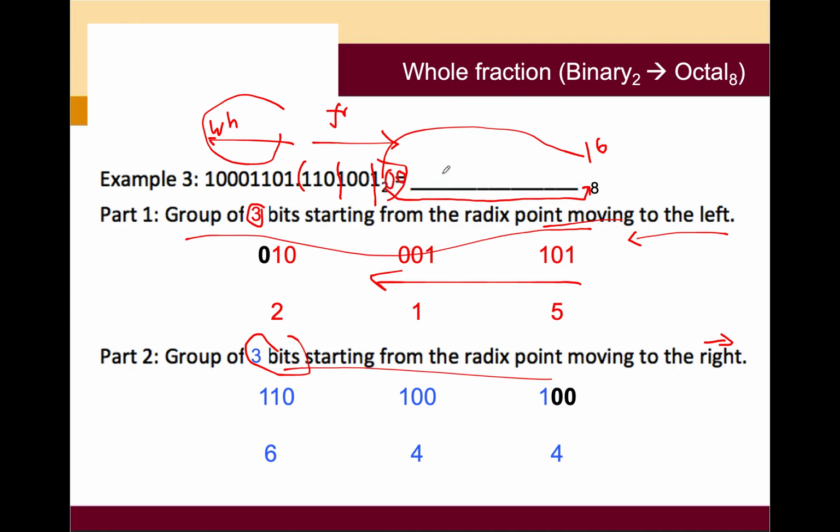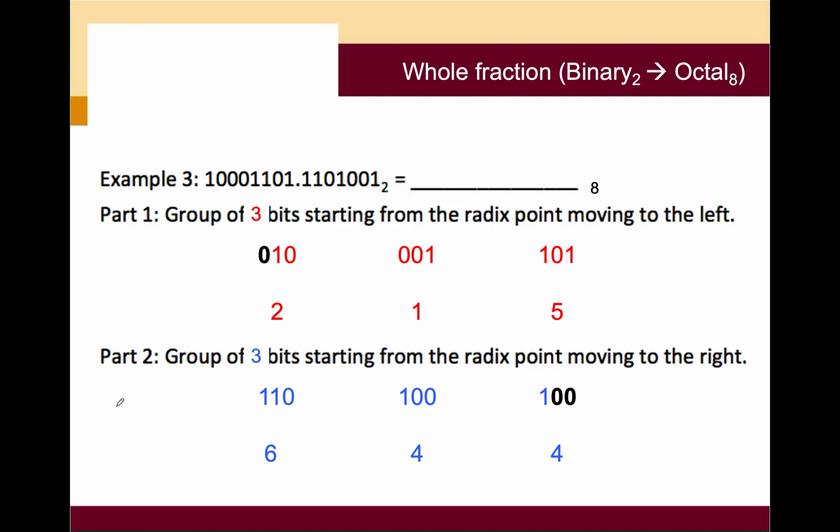So you will need to add this 0 0. I just redraw the number, which is 0.1. So I delete first. From here you have this fraction number, and you need to group into 3 from the right.